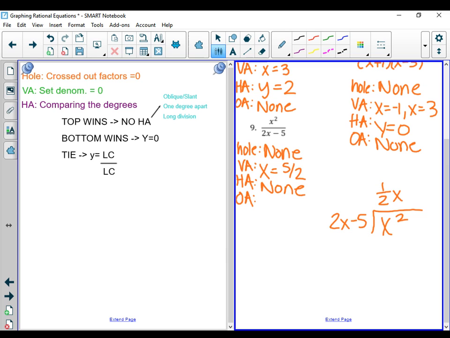So 1/2 x times 2 gets me x squared. And then minus 5/2 x. Draw my line. Change my signs. So then I get 5/2 x. So what do I multiply 2 by to get 5/2 x?